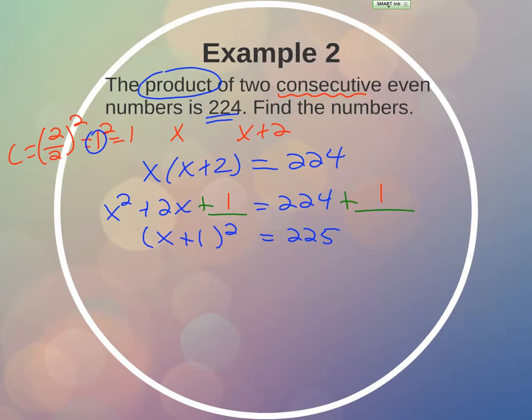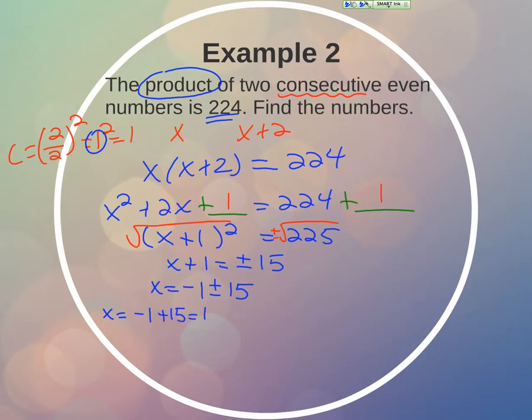So now when we square root both sides, we end up with x plus 1 equals plus or minus 15. The square root of 225 is 15. So x equals negative 1 plus or minus 15. If I have negative 1 plus 15, that's going to give me 14.